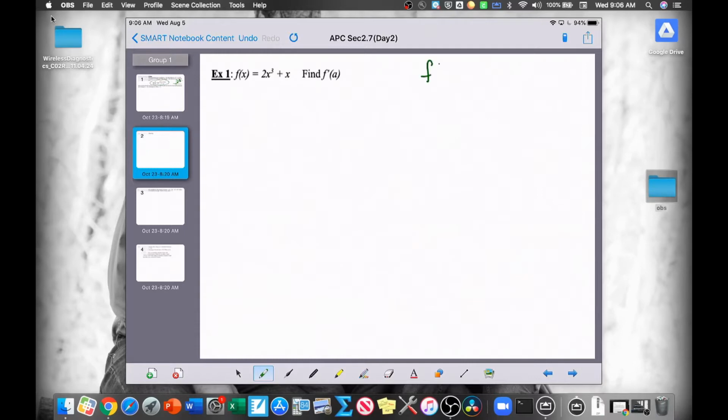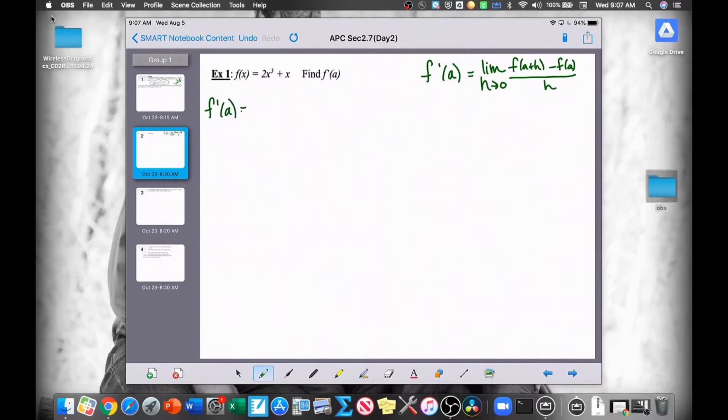So in this case, the formula that we're going to be using is f prime of a is equal to the limit as h approaches 0 of f of a plus h minus f of a all over h. And we've used this formula many times before. So let's find our derivative.